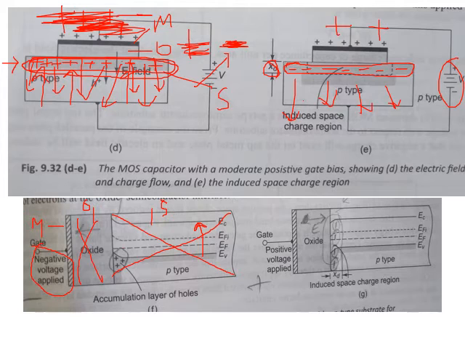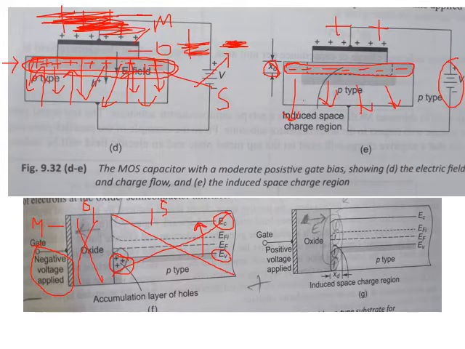Yes, correct. Electrons can move to the conduction band. Holes cannot move to the conduction band. Therefore all the holes you are seeing are near the valence band. This is EV. I have come to the energy band concept now. What is this? This is EC, right?